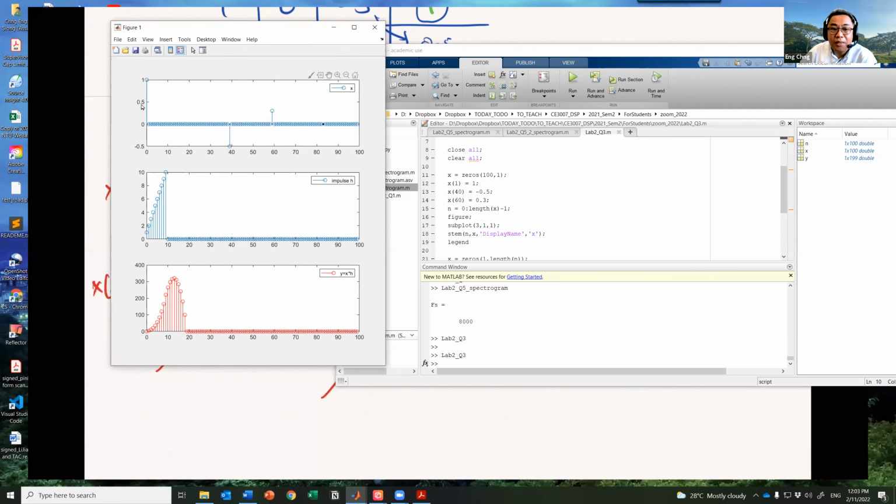The input only has one impulse at time 0, one impulse at time 40, and one impulse at time 60. I will now send this into the system with this impulse response. It goes from 1 to 10 and then 0 otherwise.